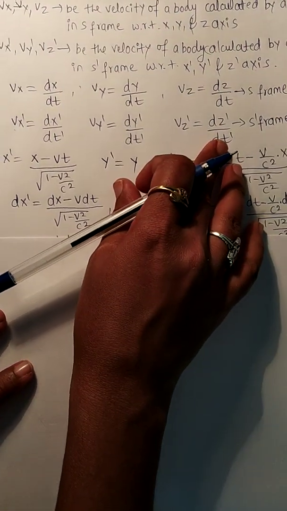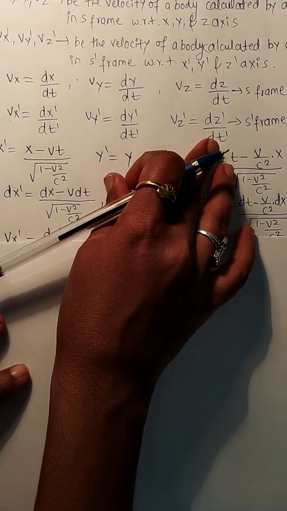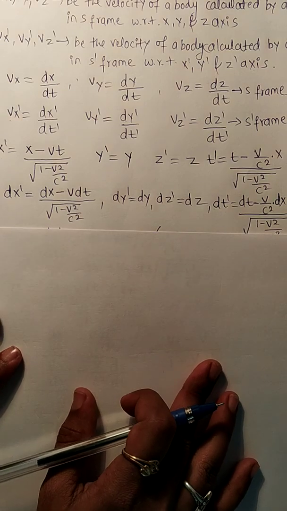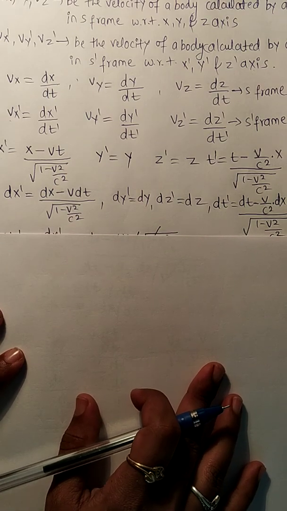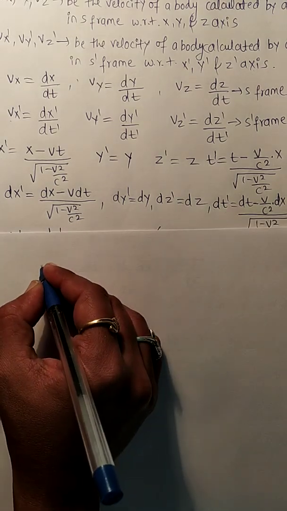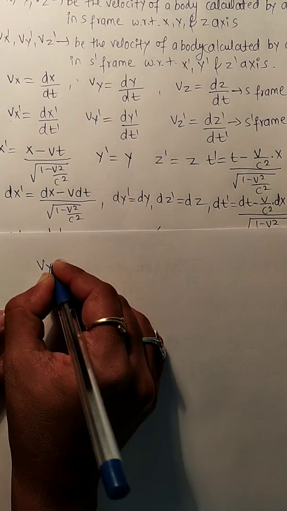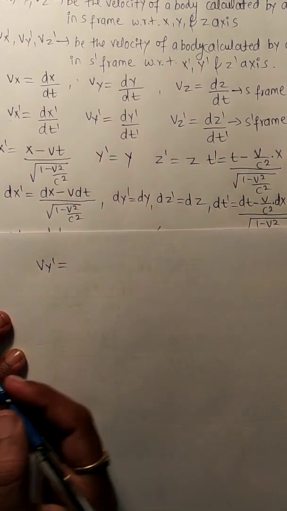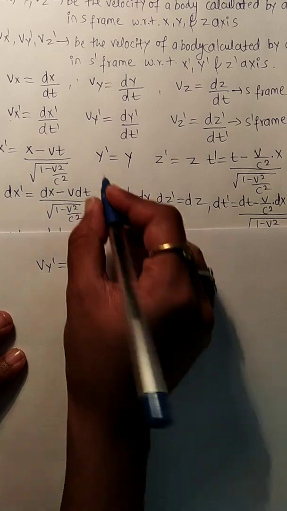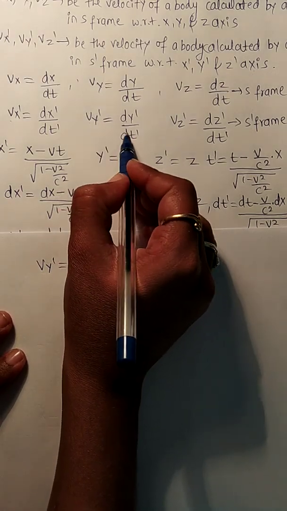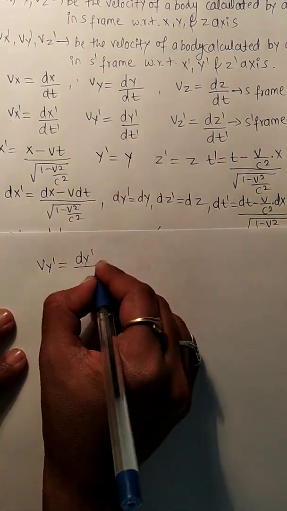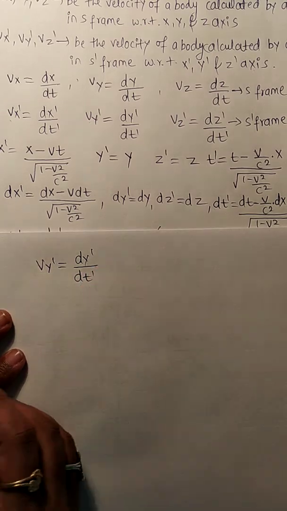As I am calculating the phi y dash value, phi y dash is equal to what? We know the equation, it is here. Phi y dash is equal to dy dash divided by dt dash.